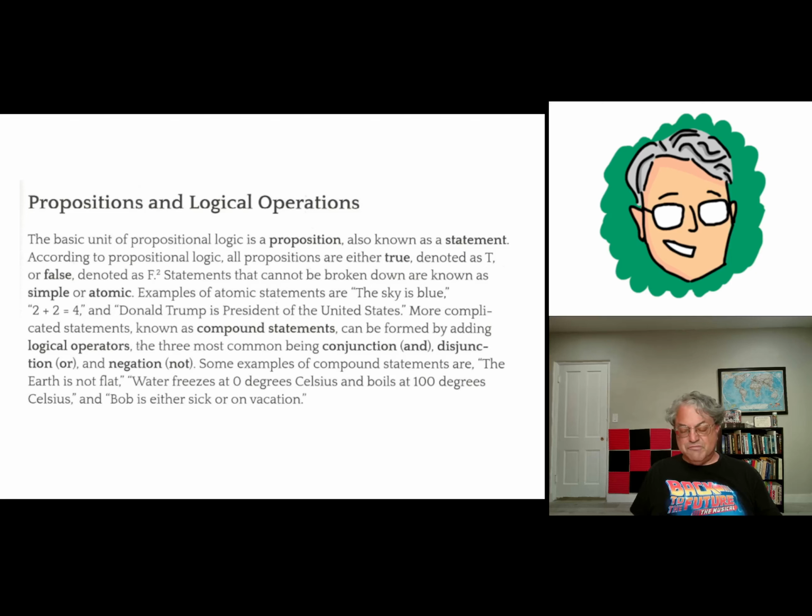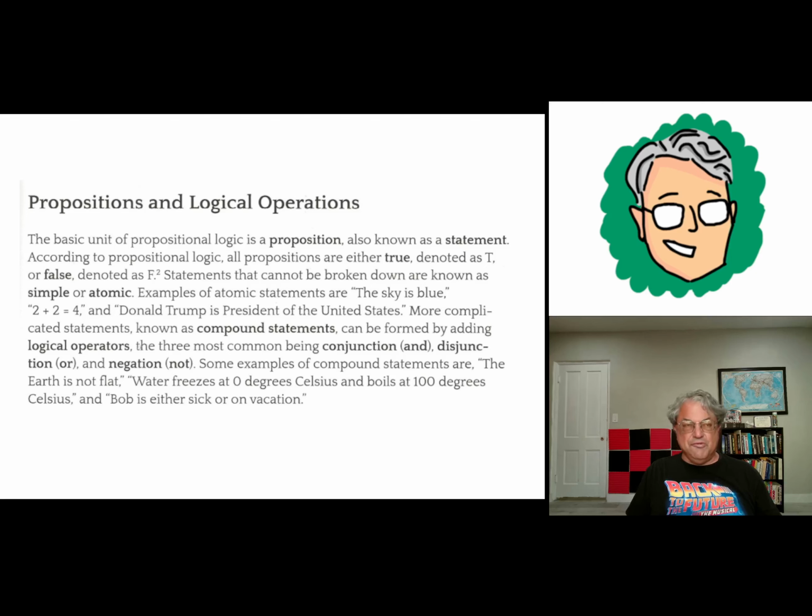Sometimes people do use a minus sign. I prefer this funny looking symbol. It's a standard one used in logic. So we call that not S. If S is true, then not S is false, and vice versa. So those are the basic logical operations: and, or and not.